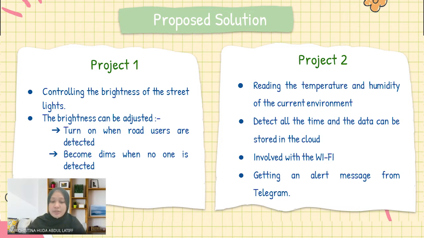This is one of the problems which result in the company going bankrupt, and this project can detect all the time and the data can be stored in the cloud. So it is easy, where this project involves the Wi-Fi and will notify you when something goes wrong by getting an alert message from the Telegram.